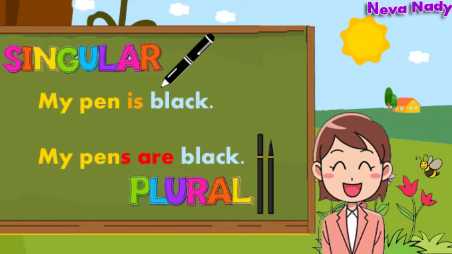The noun my pen is singular, so the verb here is singular too. My pens are black. My pens are plural, so the verb here is plural too.